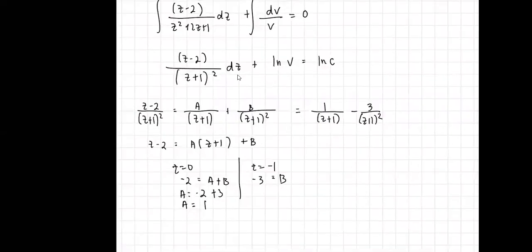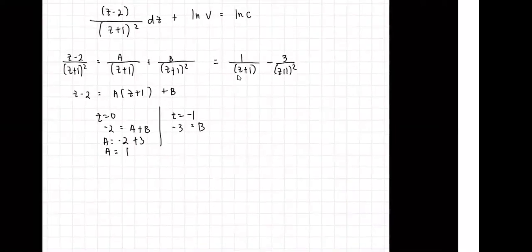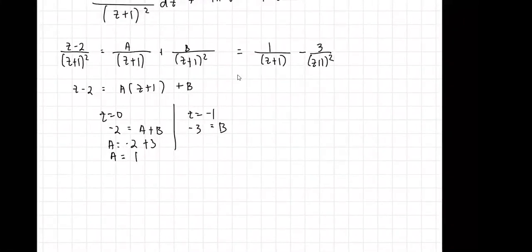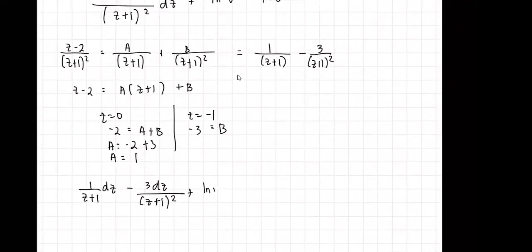Okay? So going back to our original, our first term is now transformed into the integral of 1 over z plus 1 dz minus 3 dz over z plus 1 squared, plus ln v equals ln c. So we integrate this.